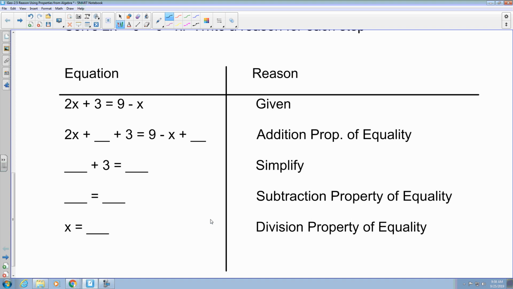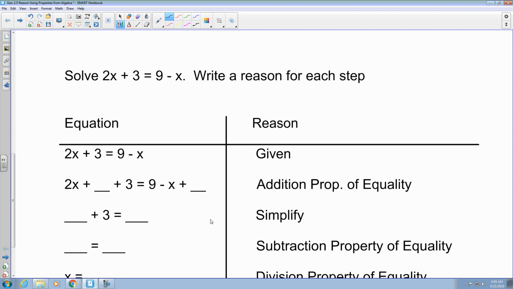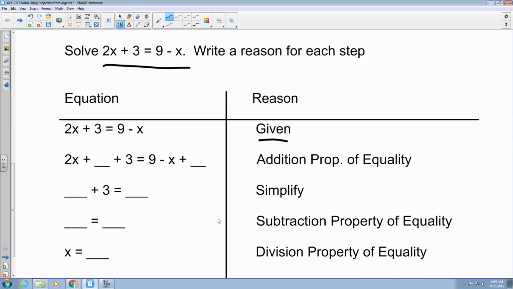Anytime we write a formal proof, we start off with what is given to us. What is given to us is this equation, 2x plus 3 equals 9 minus x, so we can put given as our reasoning.